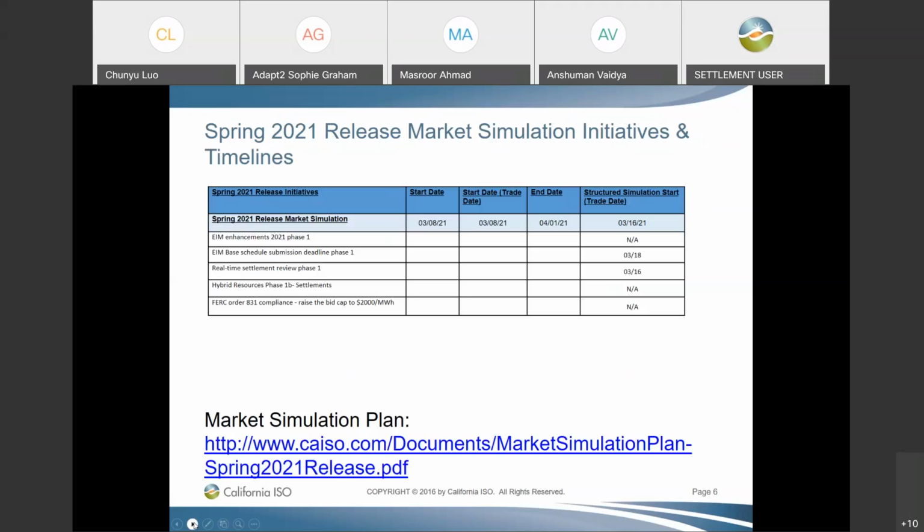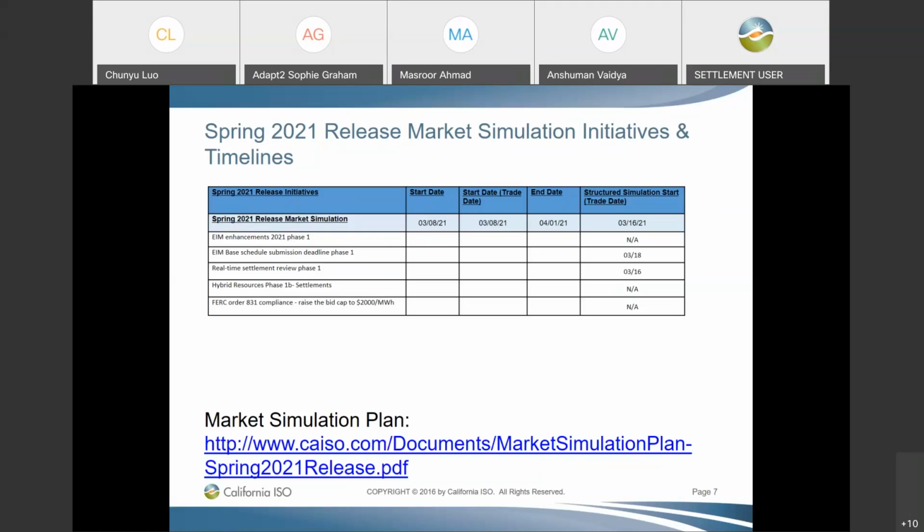All right, moving on. These are the following market simulation initiatives that we have for Spring 2021 release. As we discussed last time, we were talking about EIM base schedule submission deadline project to have structured simulation scenarios starting on 3/16, and we had a reserve date of 3/18.